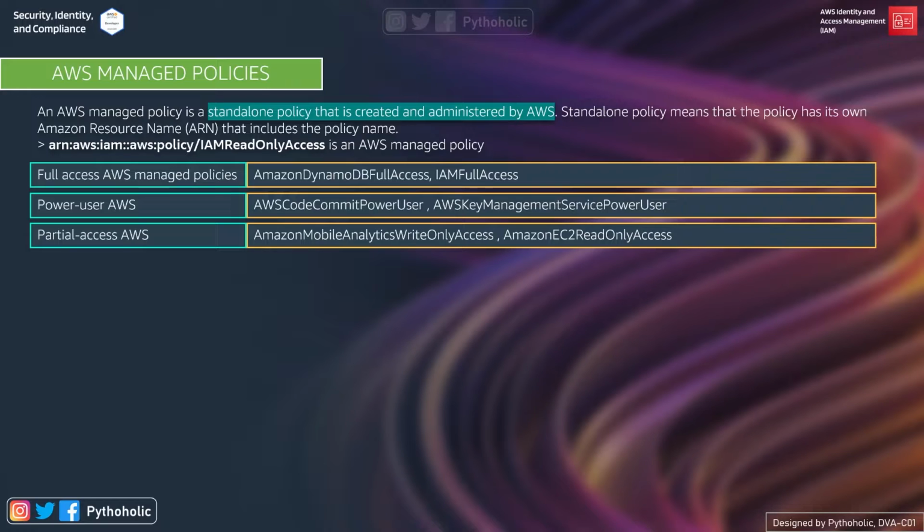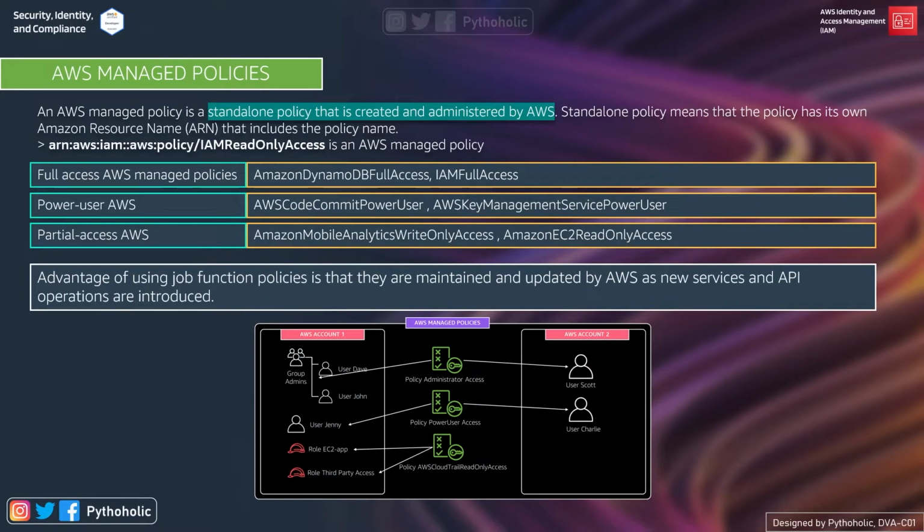And you might ask, why is AWS doing this? What is the use? And the biggest advantage of these policies is that they are maintained and updated by AWS themselves. In case a new service or API operation is introduced, then the policy for that is created and managed by AWS themselves.